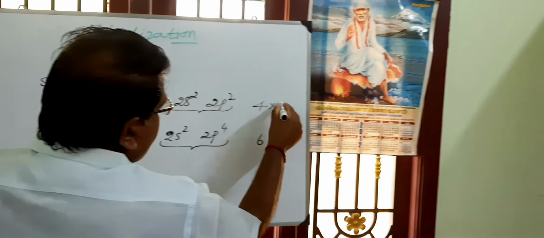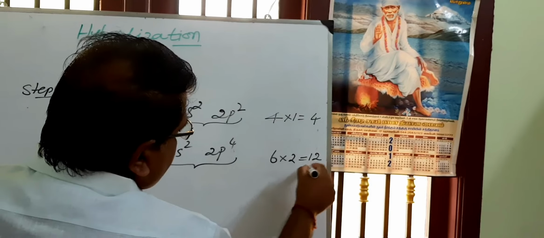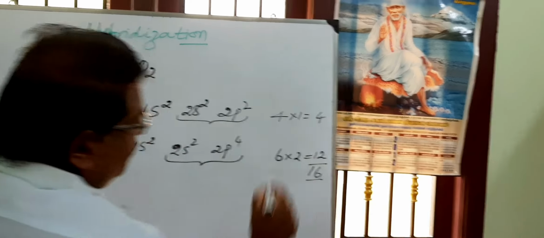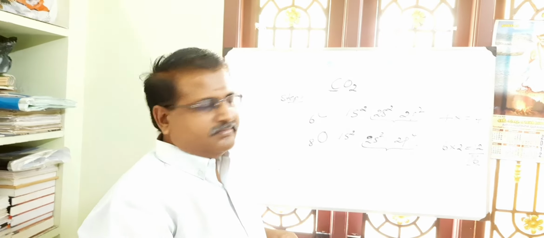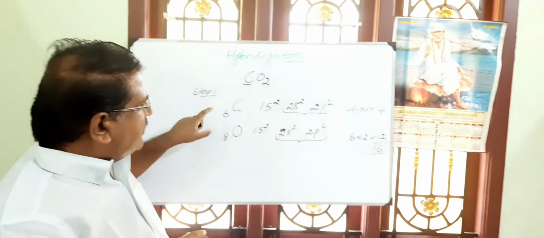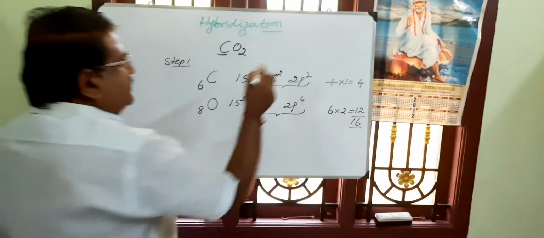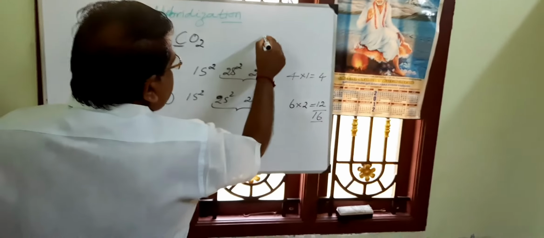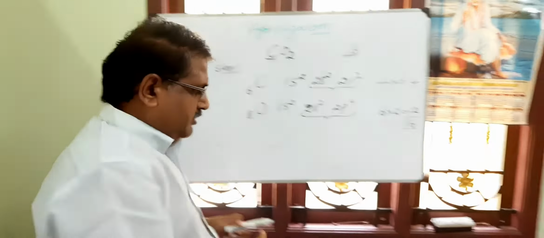We have 2 oxygens, so 6 into 2 is equal to 12. So we have 16 valence electrons in carbon dioxide. So the first step, calculating the valence electrons, gives 16.